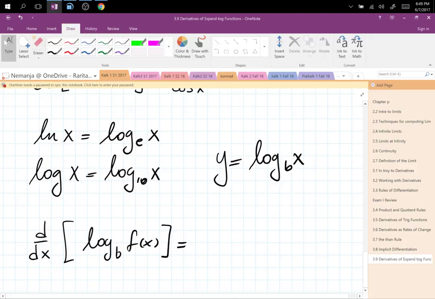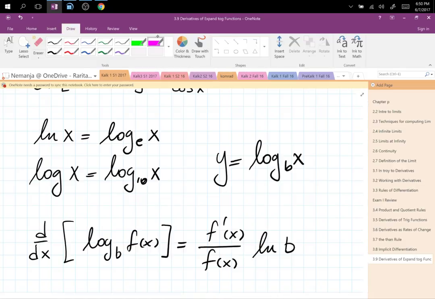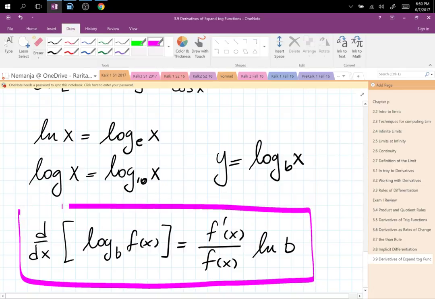So this one has it all. And again, it's just Control C, Control V, and then the derivative on top times the ln of b. And that is the big equation.